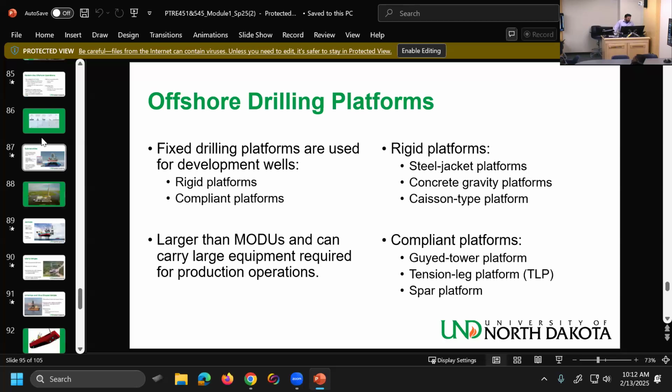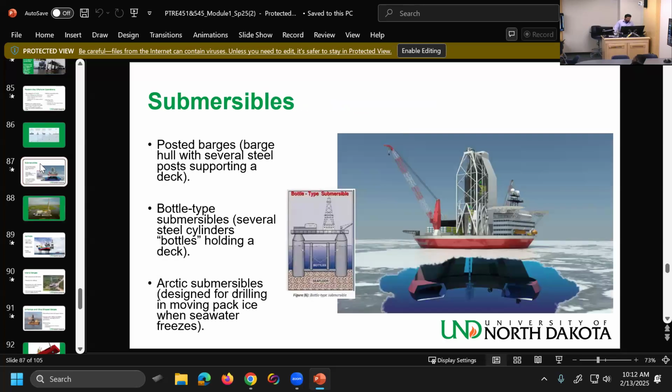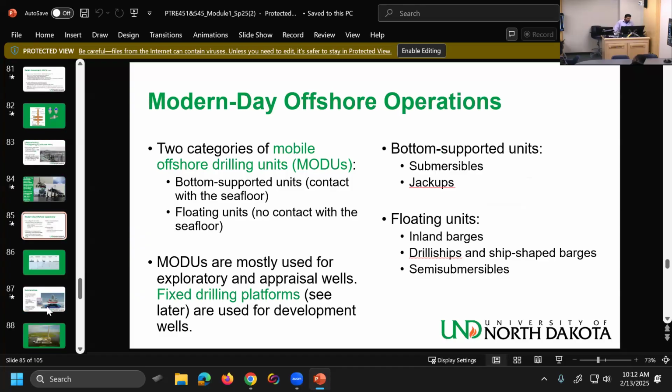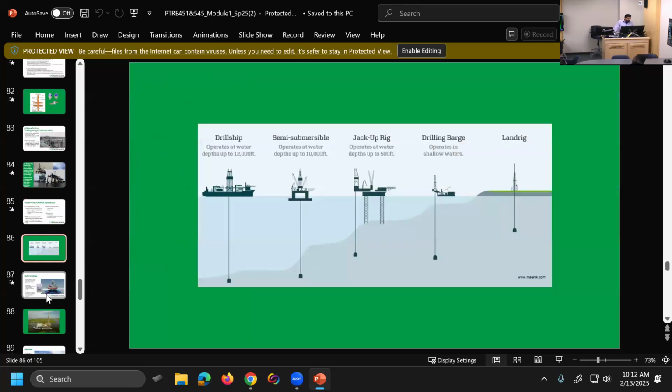Because this stuff is for fancy wells like Wildcat and this kind of stuff, like Macondo, for instance, Deepwater Horizon. It was semi-sub, I believe. This is how you will drill your Wildcat, this is how you're going to drill your appraisal wells.